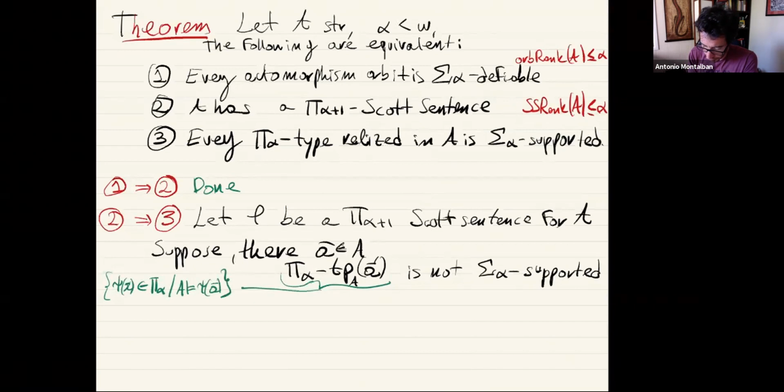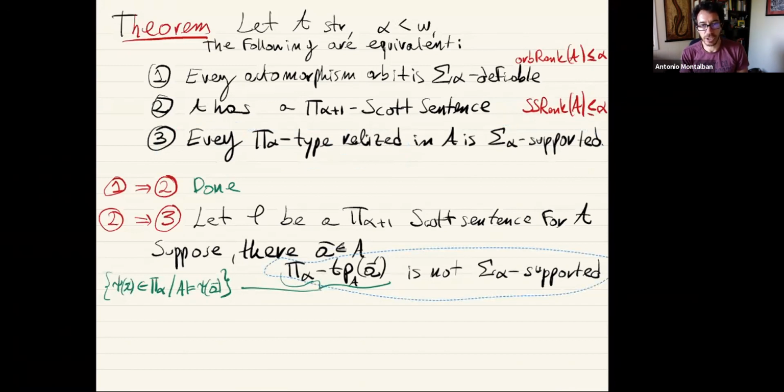So by this, I mean the set of all pi alpha formulas true about a. That's the type of a. It's a set of formulas, they're all pi alpha, and I'm taking all the ones that are true about a. So this type is realized. Realized here means that there exists a tuple that makes them all true. So I'm negating 3. So I'm saying there is a type that is realized, but it's not sigma supported.